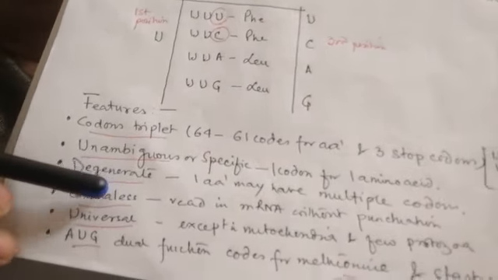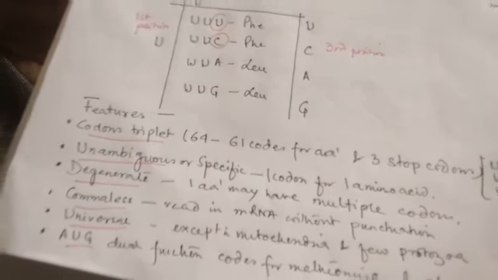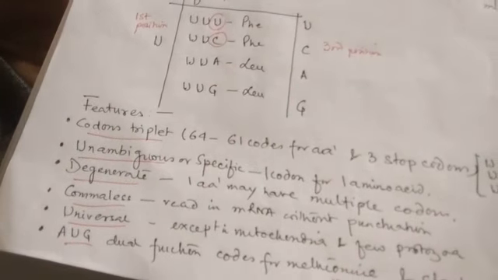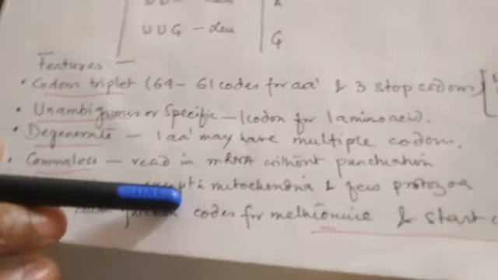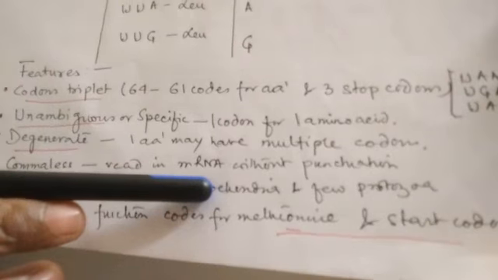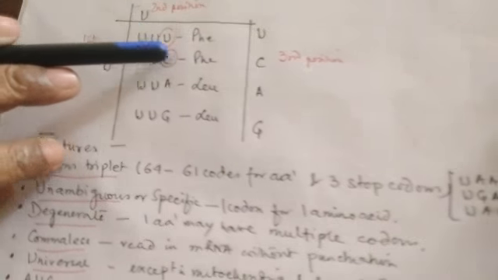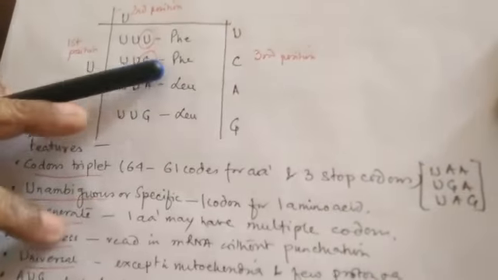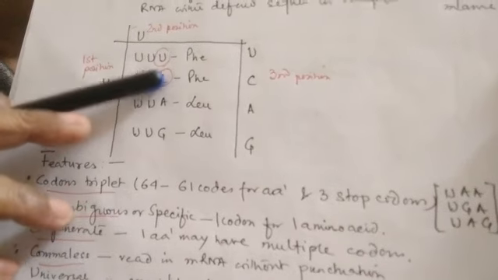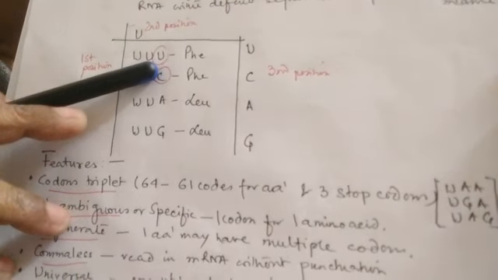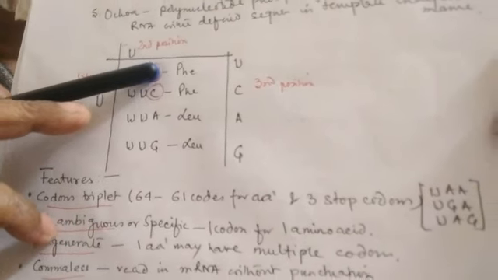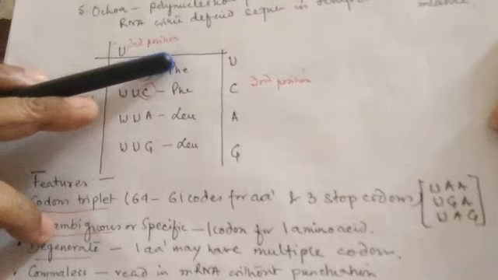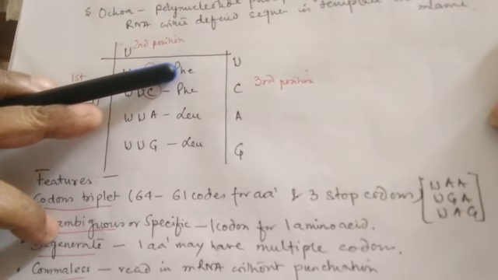Next, codons are universal. For example, UUU will code for phenylalanine, except in certain mitochondria and certain protozoa. Everywhere else, if we find UUU, it will always code for phenylalanine.